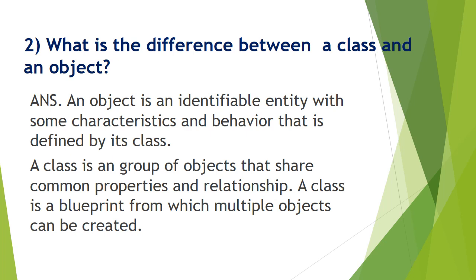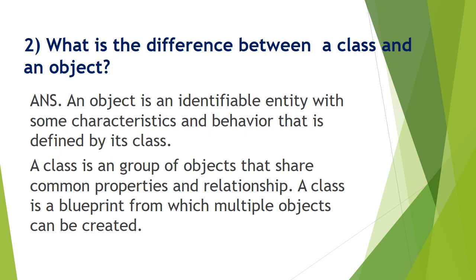So a class is a blueprint from which multiple objects can be created. For example, which type of behavior you will show, you all are the objects of the class 9.